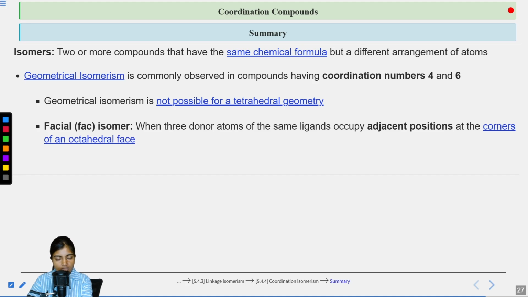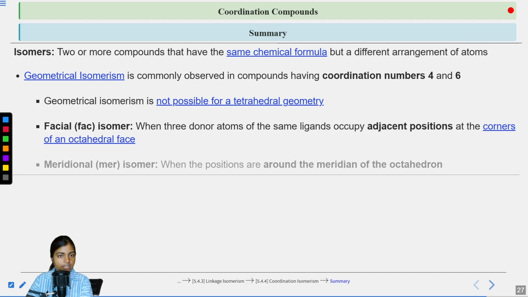Facial isomerism, which we have seen, is a type of geometrical isomerism where 3 donor atoms of the same ligand occupy adjacent positions at the corner of an octahedron face. Similarly, the meridional isomer is a type of geometrical isomerism where the positions of the ligands are around the meridian of the octahedron.